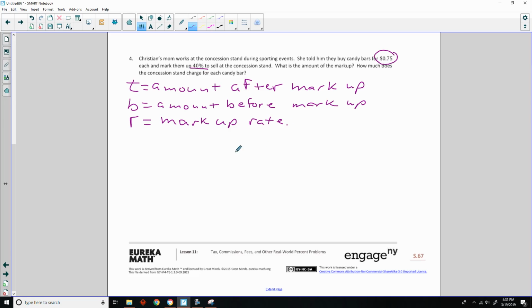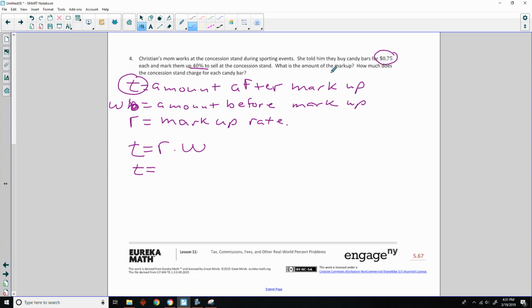Okay. So we want the price after the markup, T. So we're going to let T equal the percent or markup rate R times the whole. And the whole would be this before, so let's change that to W, just so we're still using percent times whole. Okay, so we want to find T equals.